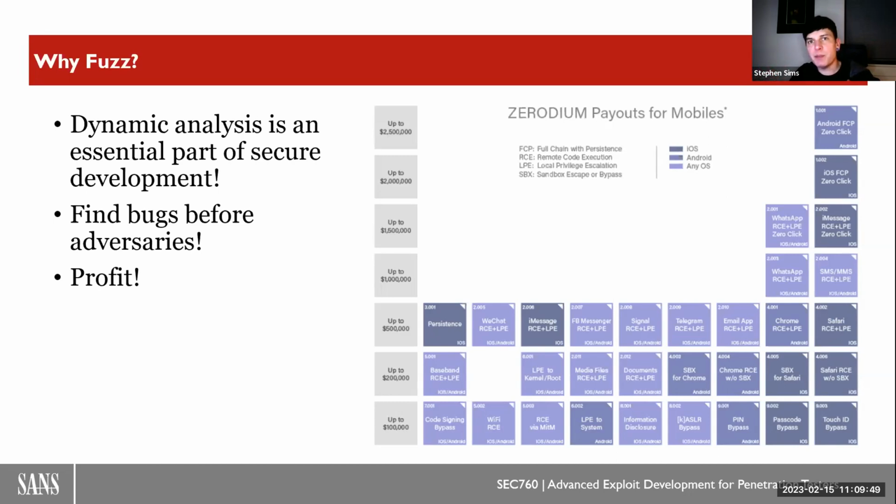From a different perspective, if I'm an attacker or if I'm an exploit developer, I might want to find vulnerabilities through dynamic analysis or fuzzing so that I could potentially find a 0-day. If I can find a 0-day, that is a vulnerability that's known only by me.